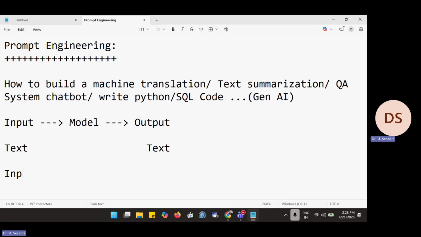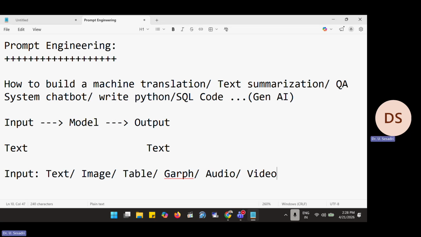The input may be text, image, table, graph, audio, or video.